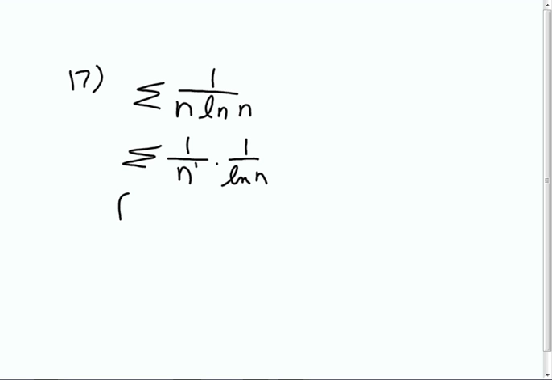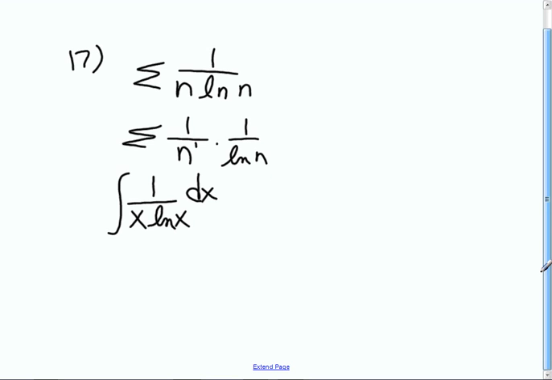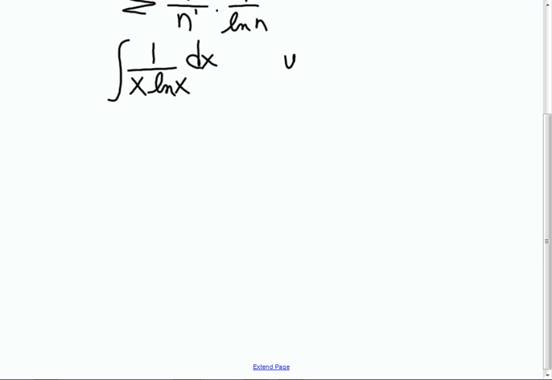Let's integrate it. So it's 1 over x log of x, and we're going to do a u substitution. What would you like u to be? U equals the natural log of x, so du is equal to 1 over x dx.